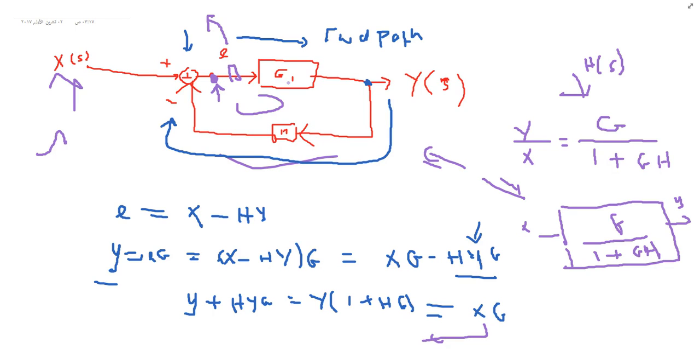The difference becomes zero. If the error is zero, then we have a definite control system. Okay, we have to look at something else.